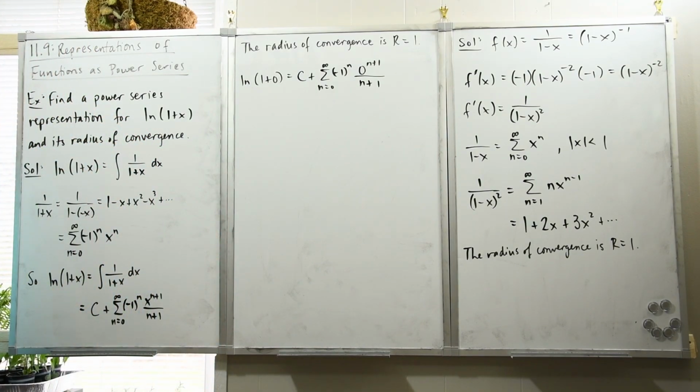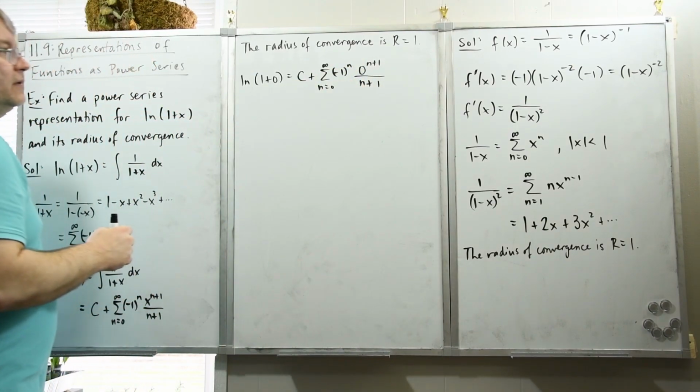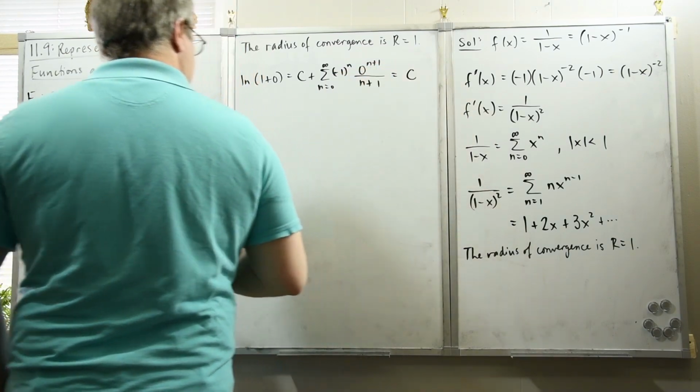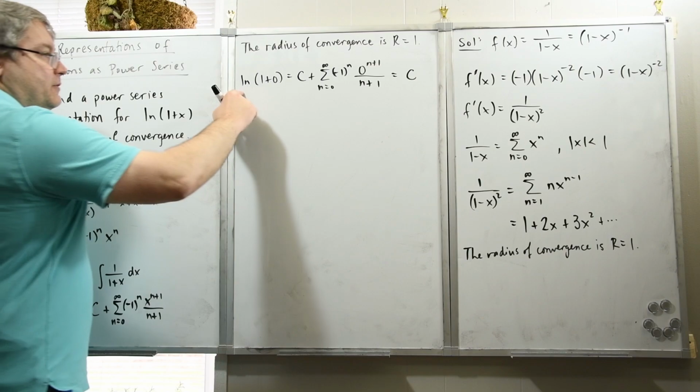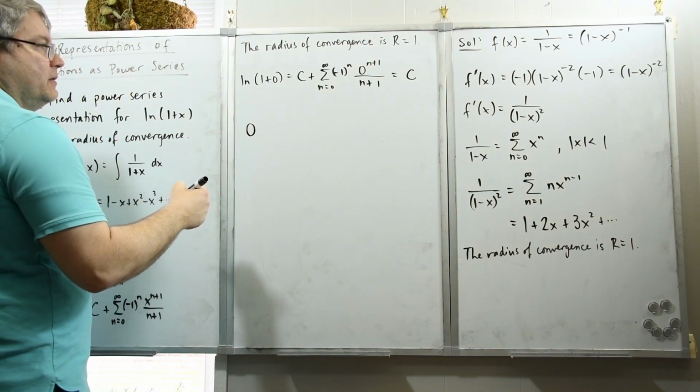So all that's going to happen is you're just going to get a bunch of zeros added together for this. So c plus 0 is just going to give us c. Natural log of 1 plus 0 is natural log of 1, which we know is equal to 0.